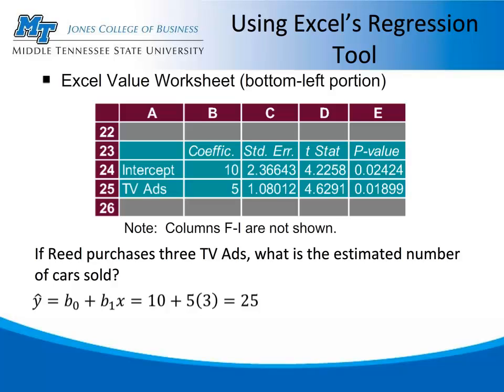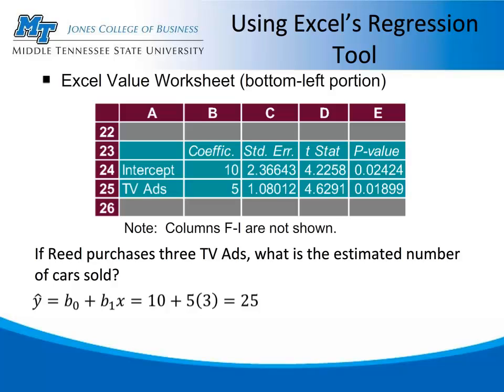This is the value that you multiply times x. X in this case is the TV ads. We're trying to predict the number of cars sold based on the number of TV ads. So if you take 5 times the number of TV ads and then add in the y-intercept, that's the predicted value for the number of cars sold.